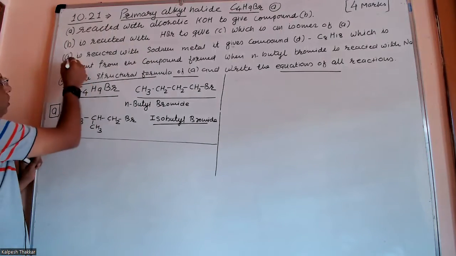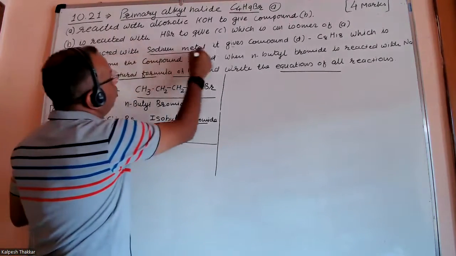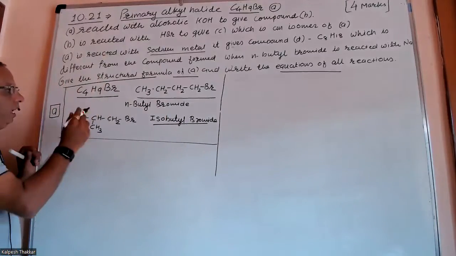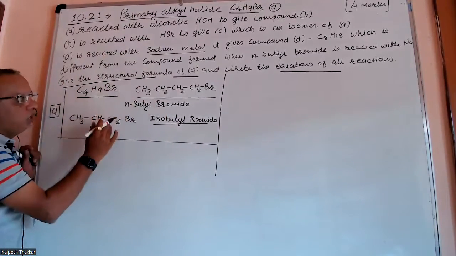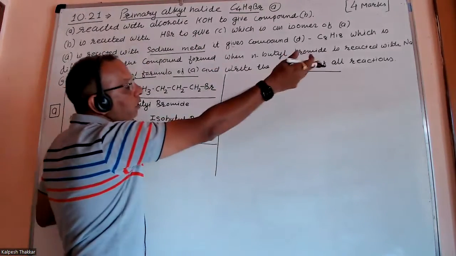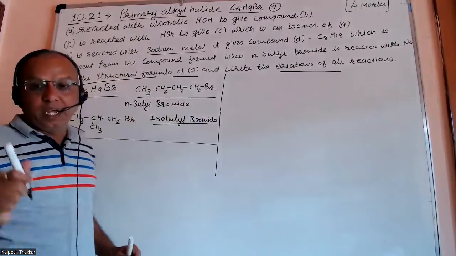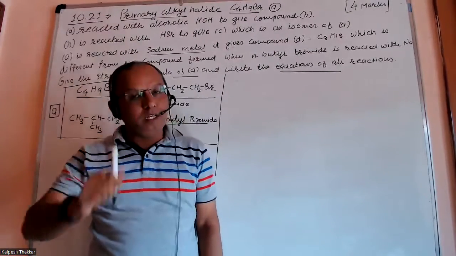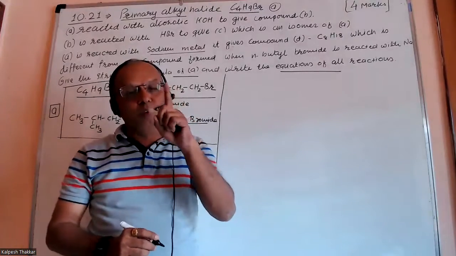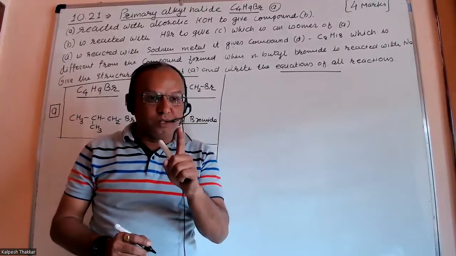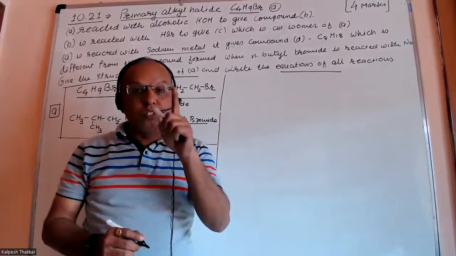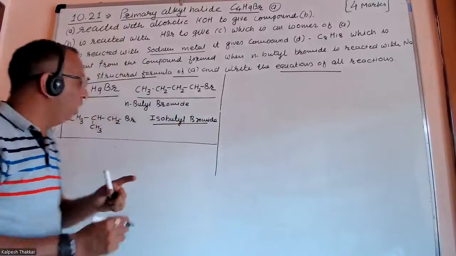Here you can see A is reacted with sodium metal. Now A, either this or this, is reacted with sodium metal, and this is a haloalkane. Haloalkane reacting with sodium metal is given in your textbook. It's the Wurtz reaction, right? So you have to follow the Wurtz reaction formula here.